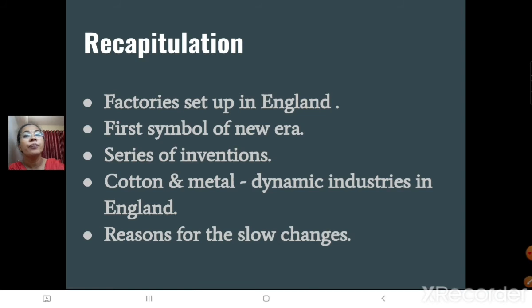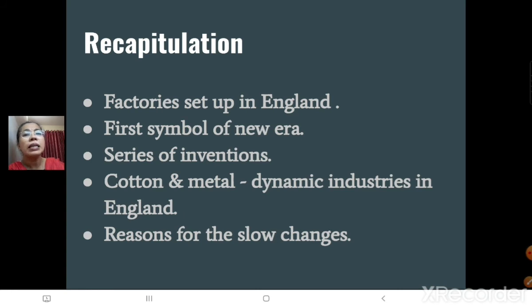So, children, in this part of the chapter, we have seen when the factory was established in England, what was the first symbol of the new era. Also, we have seen a series of inventions in the 18th century which could increase the efficiency of the production process, like the cotton mill of Richard Arkwright, then the steam engine of James Watt.